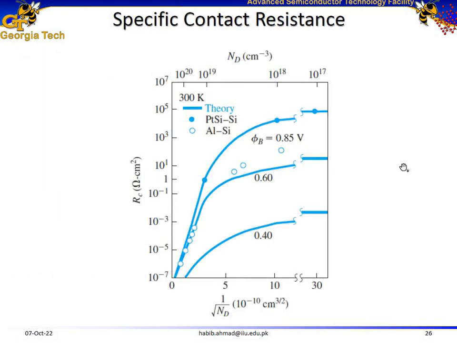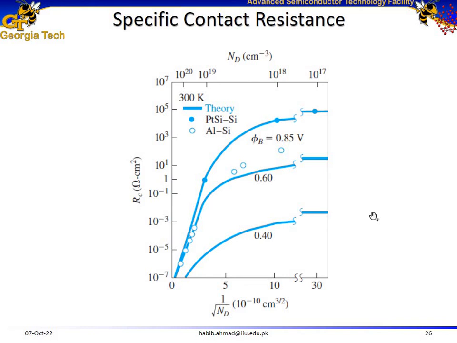And we can look at it with the help of a plot as well. Just consider the first condition: what happens to the contact resistance if we increase the Schottky barrier height from 0.4 to 0.6 to 0.85. By increasing the Schottky barrier height, our contact resistance increases from 10 to the power minus 5 ohm centimeter square to approximately 10 to the power 4 ohm centimeter square.